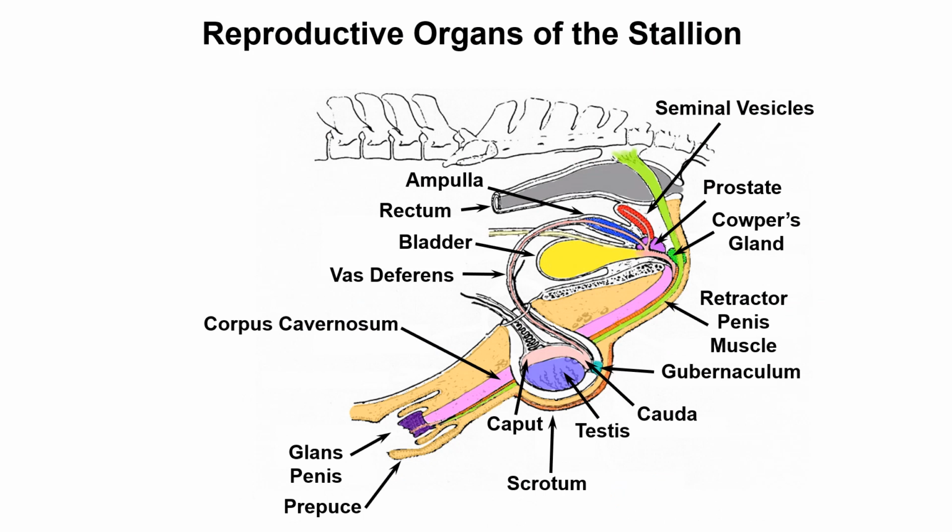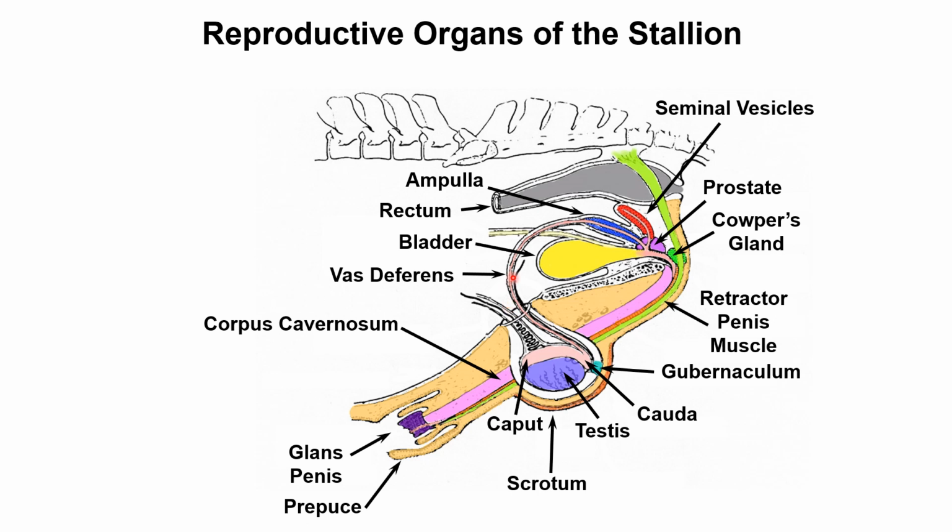This is the diagram of the labeled parts of the reproductive organs of the stallion. We're showing here the glans penis, the prepuce, and the scrotal part. We have the gubernaculum, the testes, and the epididymis, the caput or the head, the body, and the tail of the epididymis.